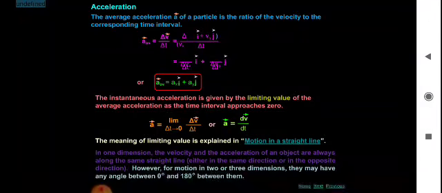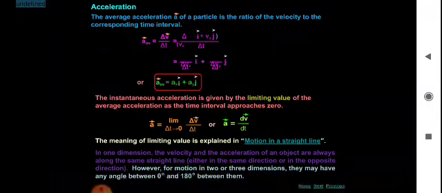a_av, that is equal to the ratio of change in velocity to the time interval, the vector delta v divided by delta t, that is equal to delta vx i cap plus delta vy j cap divided by delta t. Here there is a mistake in the slide: vx is in the denominator, it should be in the numerator, so it is delta vx.